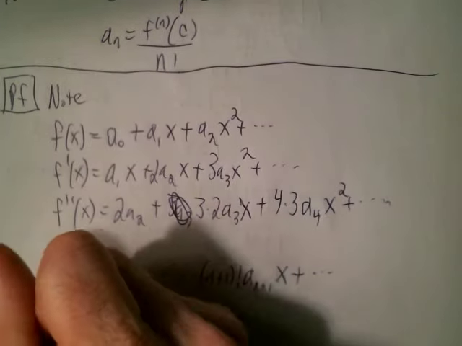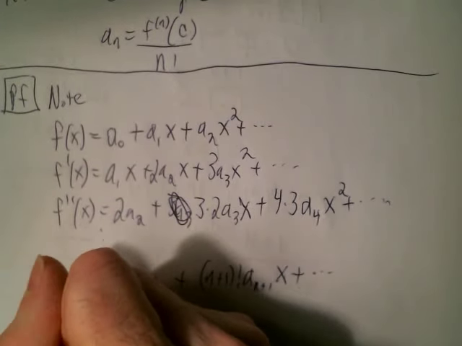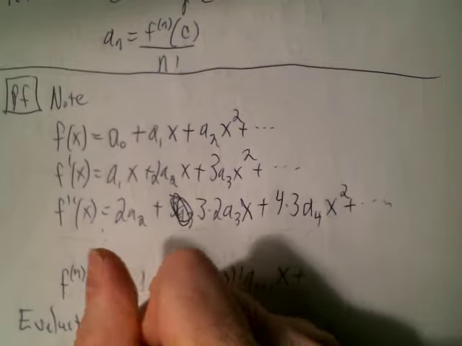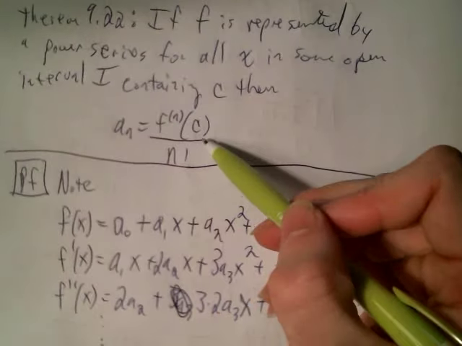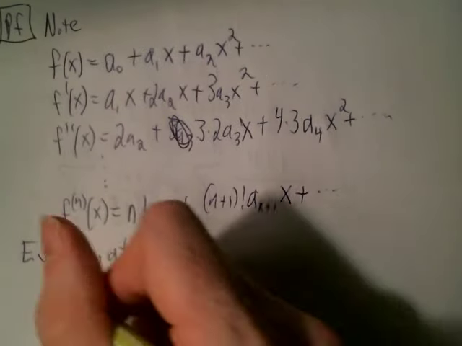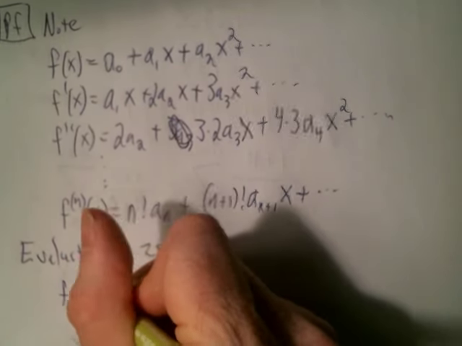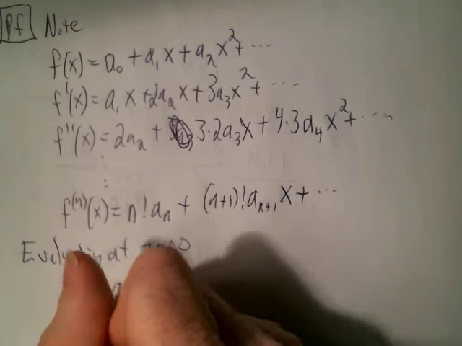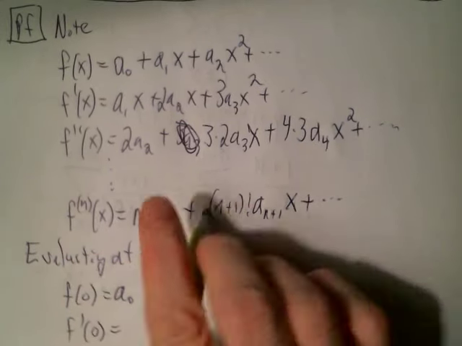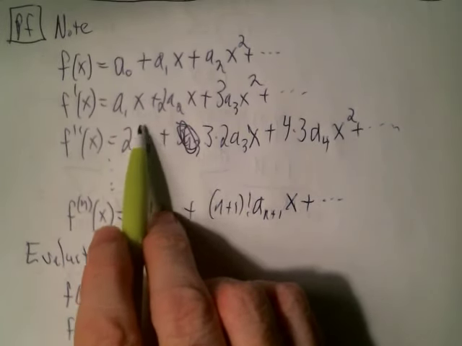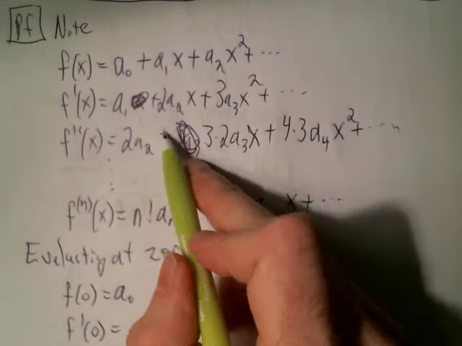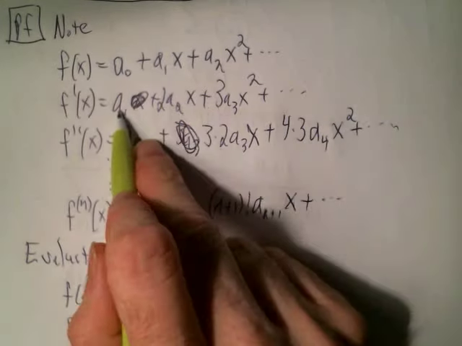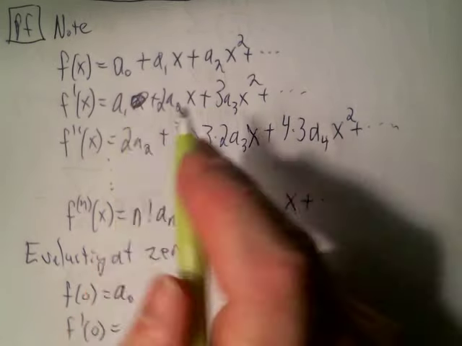If you evaluate these at 0, you get these coefficients, right? So evaluating at 0, I note f of 0 equals a sub 0. f prime of 0 equals, of course you put in 0, and this should be a sub 1 plus 2a sub 2 x. You plug in 0 into this expression, everything goes away except that first term.